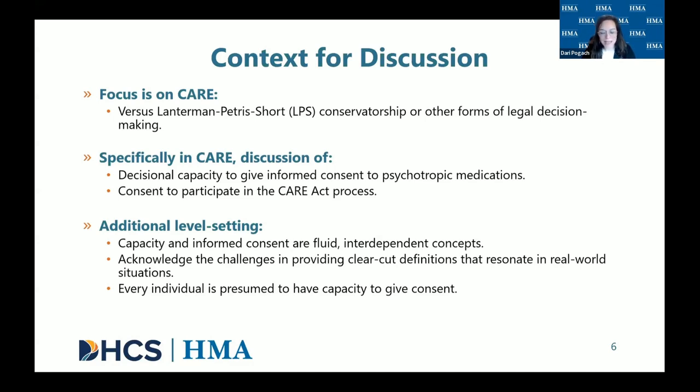But ultimately, and I know my co-presenters agree with me on this fundamental principle, every individual is presumed to have capacity to give informed consent, regardless of diagnosis or other extenuating circumstances. And we're all starting from that presumption.